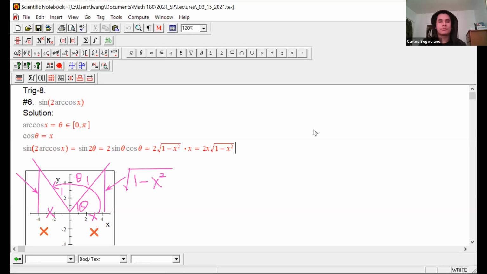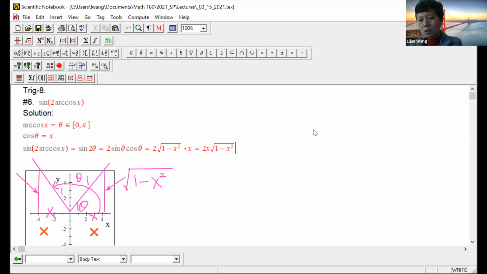If you look at the formula chart you showed us, the identity at the top right says that sine 2a is equal to 2 sine a cosine a.